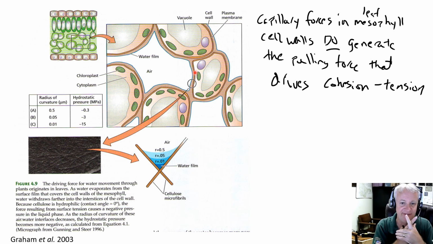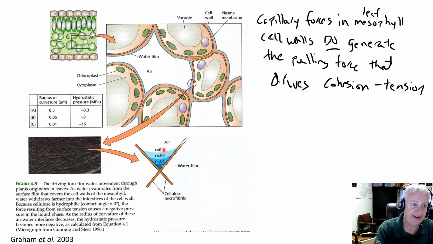Basically, you can think of this as a little container, almost like a little tube where water is. So when water evaporates from a mesophyll cell into the intercellular space, it's basically evaporating from the cell wall from in between those cellulose microfibrils.